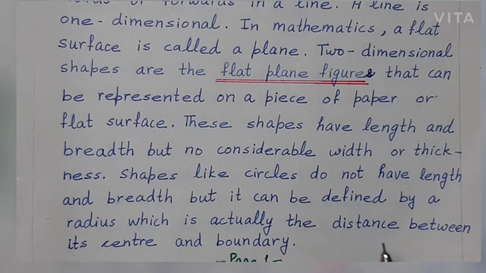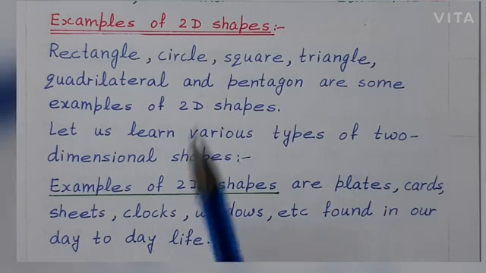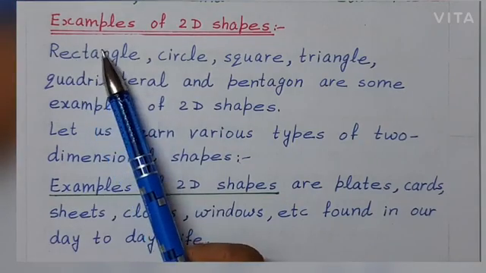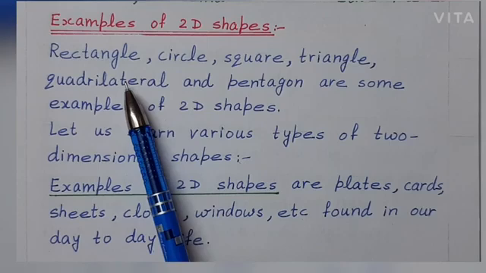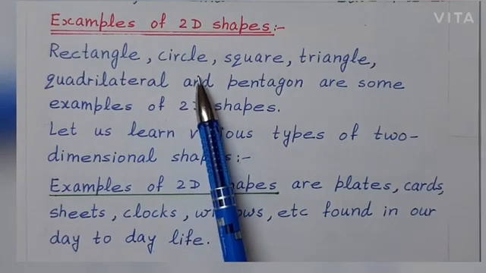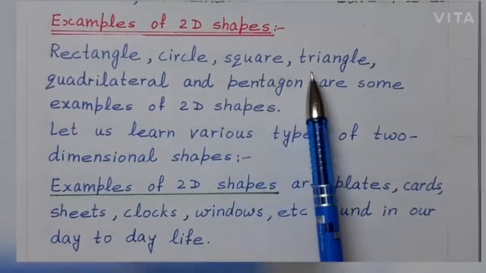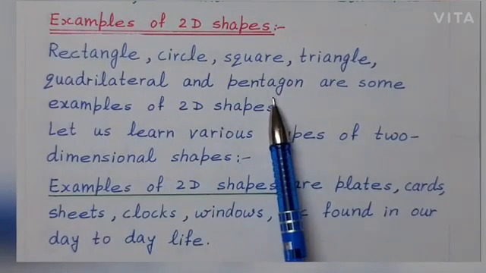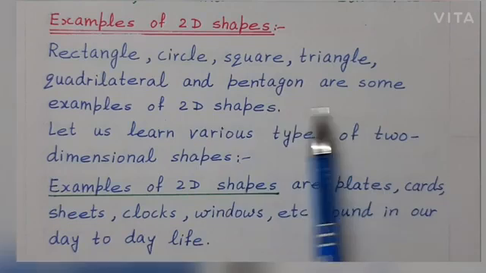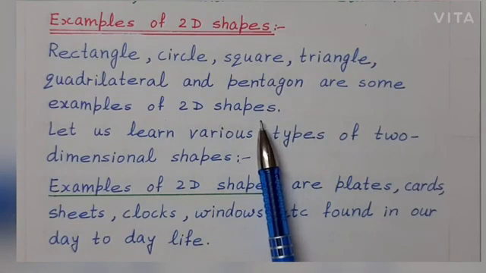So a circle is also a two-dimensional shape. Examples of two-dimensional shapes are rectangle, circle, square, triangle, quadrilateral and pentagon. These are some of the examples. We can have more also, right?